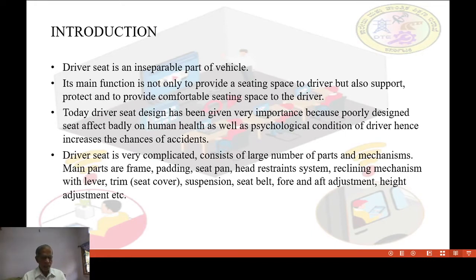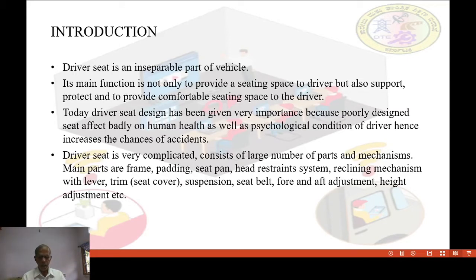Introduction. Driver seat is an inseparable and important part of vehicle. Its main function is not only to provide a seating space to driver but also to support, protect and provide comfortable seating space to the driver.